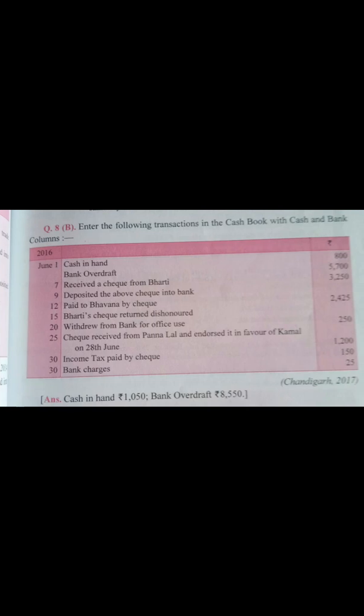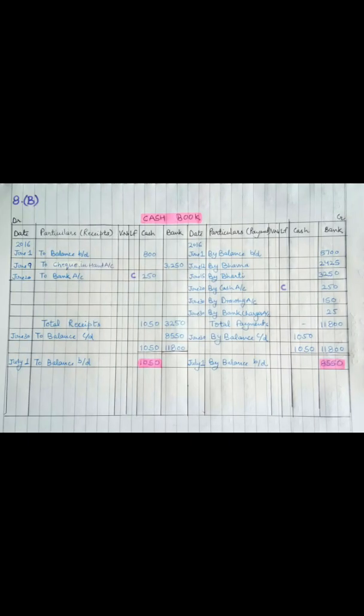Next entry is on 15th June. Bharti's check returned dishonored. So now the check given by Bharti was dishonored by the bank. So we have to make the entry on the credit side by the name of Bharti only in a bank column. So let us see in a cash book on 15th June, and in particulars by Bharti, and in bank column we have to write the amount 3250.